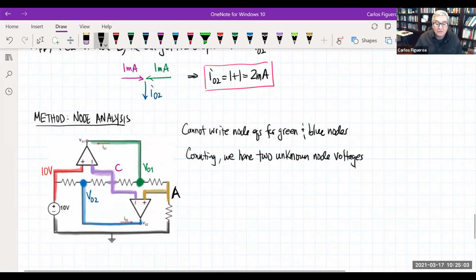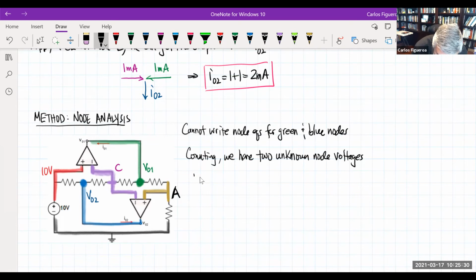So if I have these 2 unknown node voltages, can I say anything about op amp 2 here? Well, for op amp 1, they're going to tell me about 2 right away.